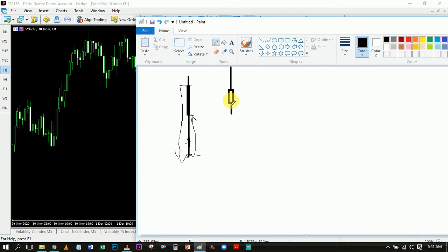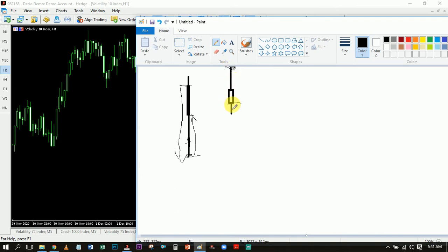Now let's look at this scenario. Now you notice that this is a bullish candle, and you can see that the market started here and ended here. But if you notice, the market started here and pushed high to this level. When it got to this particular level, there were some sellers sitting here that pushed the price back downwards to this level. What this tells you is that there are buyers sitting here and sellers sitting here.